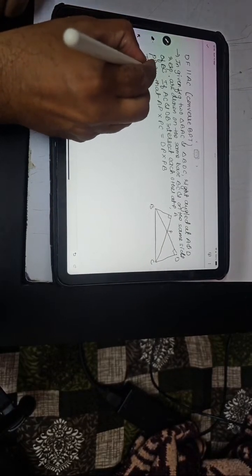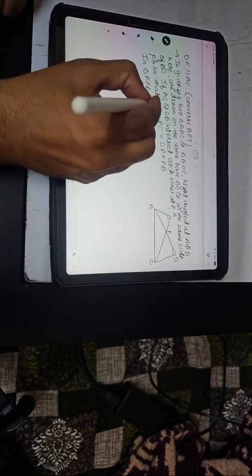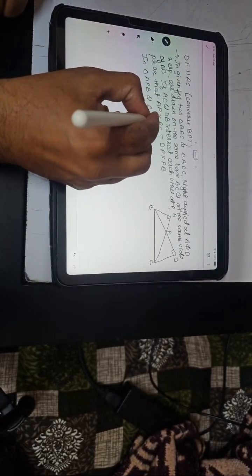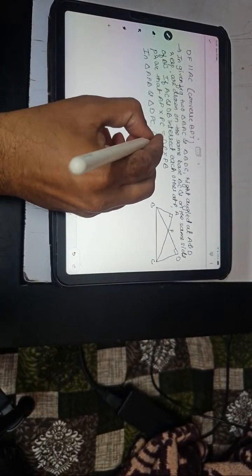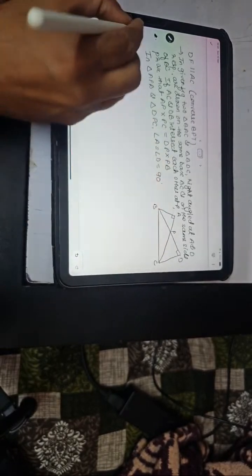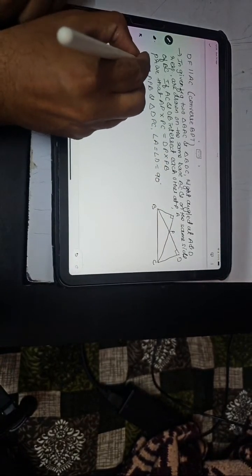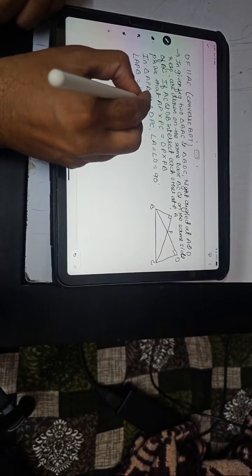In triangle APB and triangle DPC, angle A equal to angle D equal to 90 degrees. Angle APB equal to angle DPC.